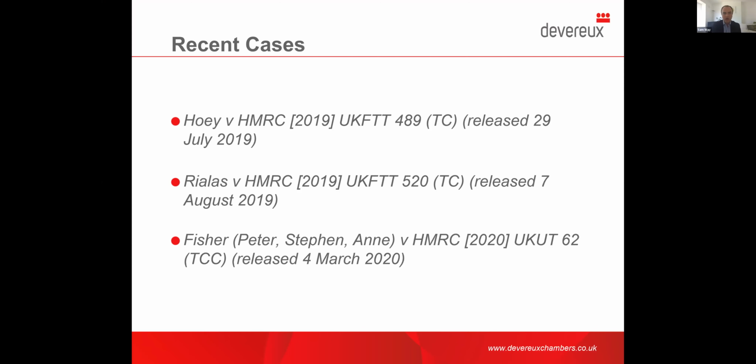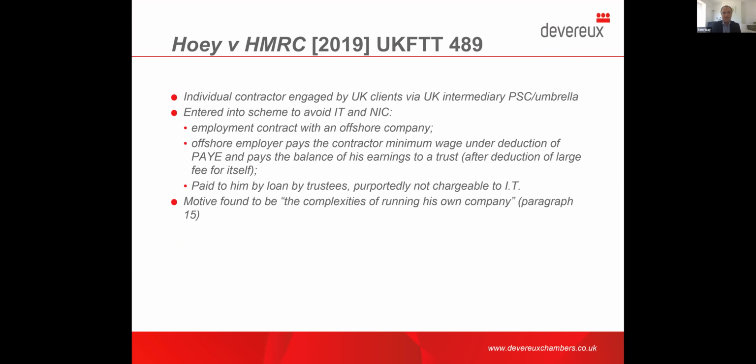Turning first to Hoey and HMRC, there is a brief outline of the facts on the screen in front of you. To go through those in a bit more detail. This was an appeal against decisions to issue closure notices to a taxpayer who'd participated in various iterations of a marketed tax avoidance scheme.